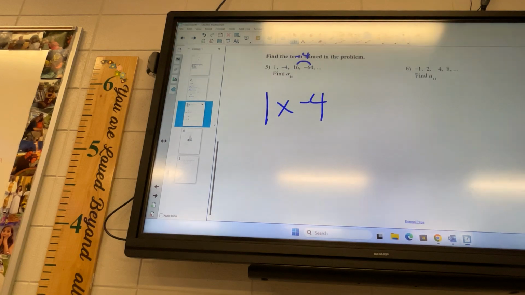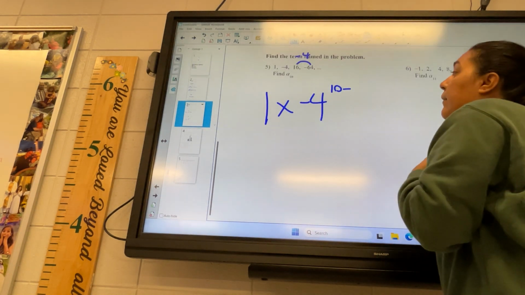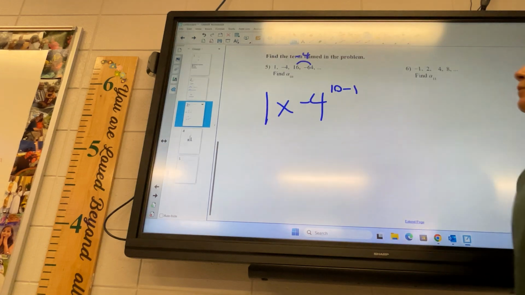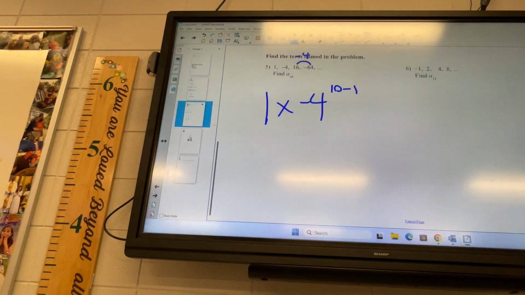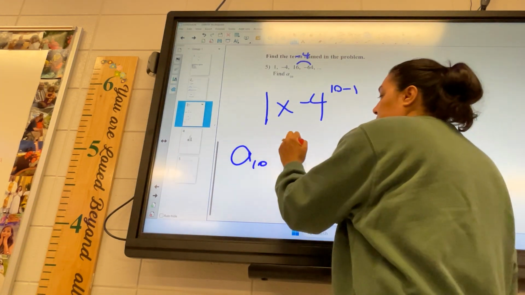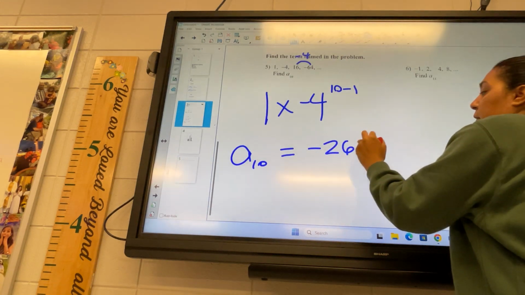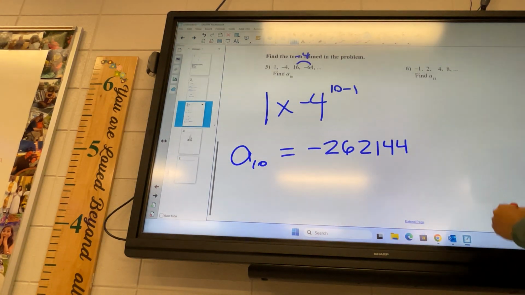Then what comes? 10. Yeah, it says find a 10. So we're going to say 10 minus what? 1. Okay, 10 minus 1. Okay, type that in your calculator. See what you get.